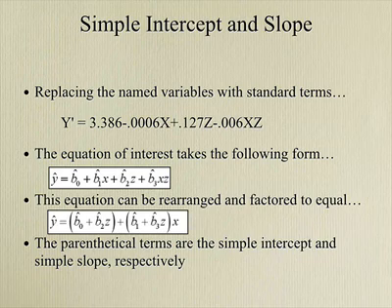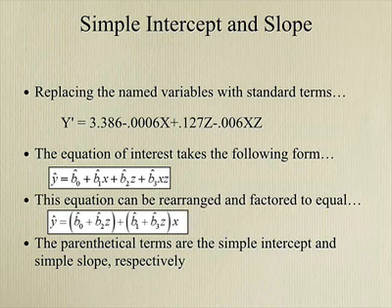We refer to this as the simple intercept, and this second parenthetical value as the simple slope. So we're going to use this to come up with the intercept value, and we'll use this to come up with the slope value, and then we'll plug in some additional values, and we'll be able to come up with a couple points on a plot.